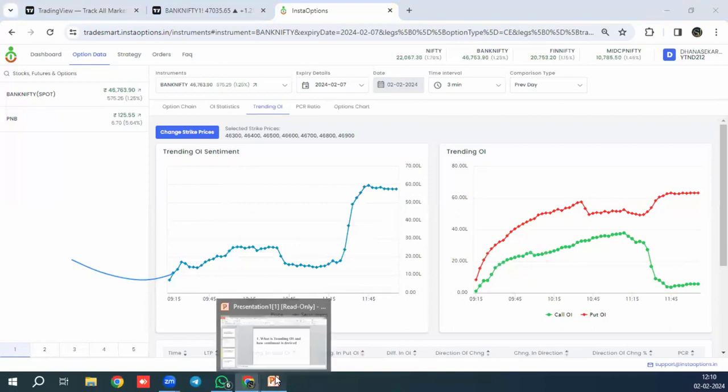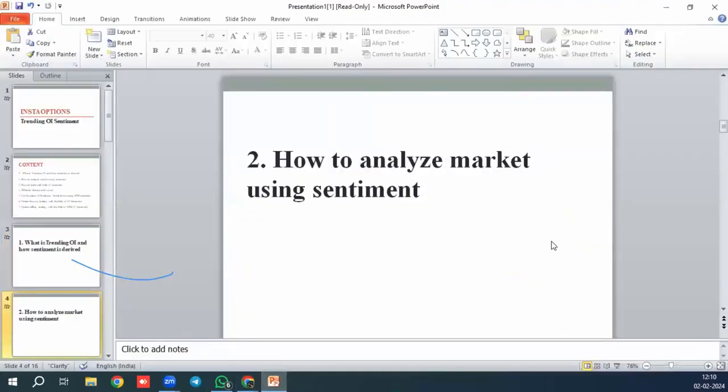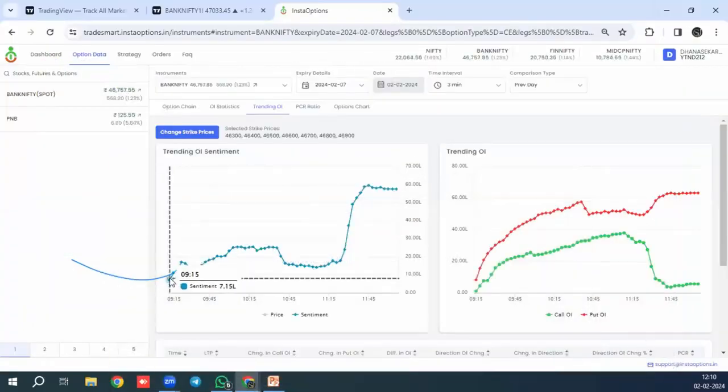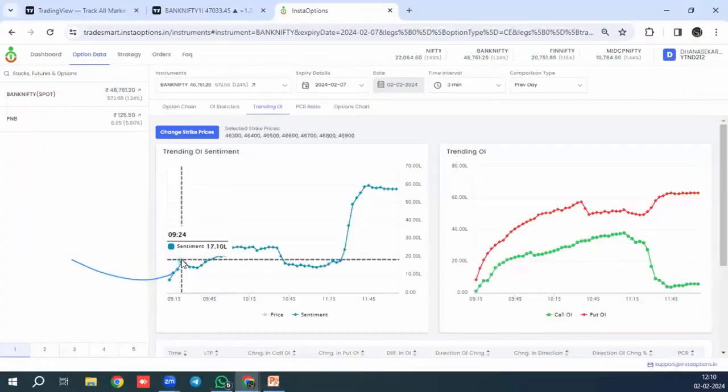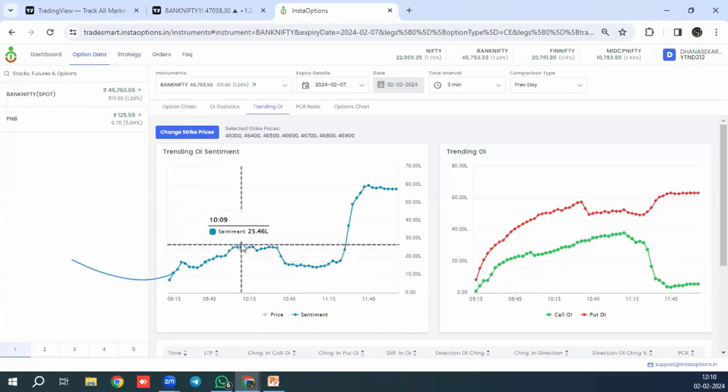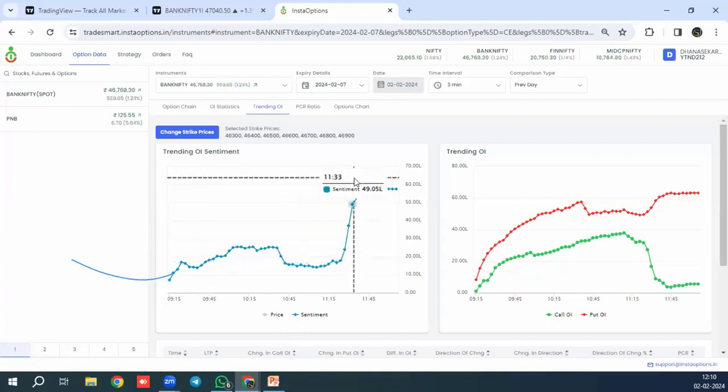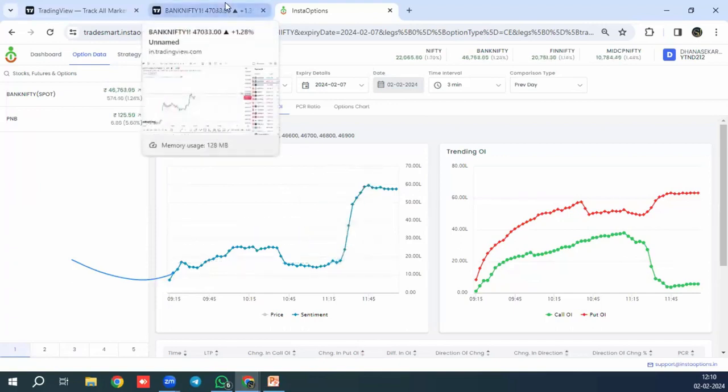Now, next one, how to analyze the market using this sentiment. Today we have seen this. Initially, the market was bullish. Then there was a small consolidation, then it moved up. Again consolidation came down, consolidation, and the market shot up. We'll see the same thing in Bank Nifty.